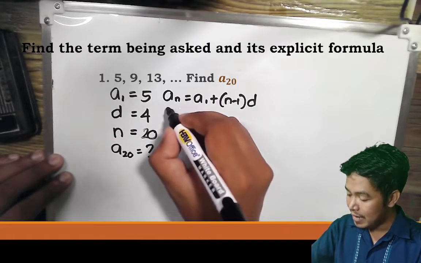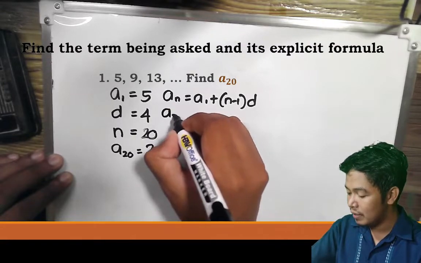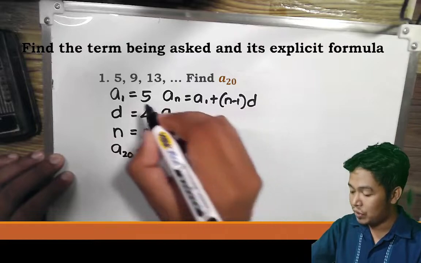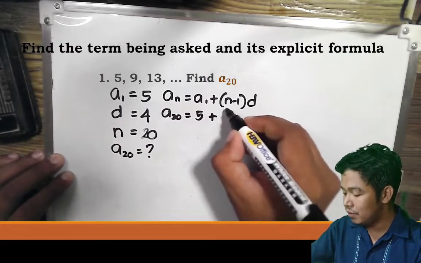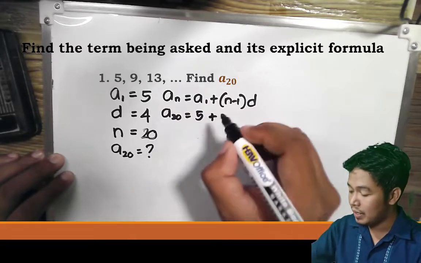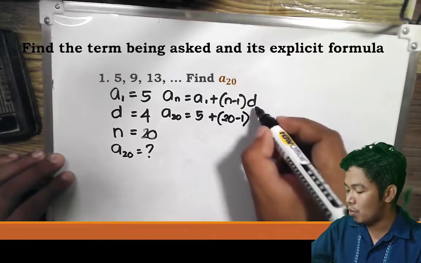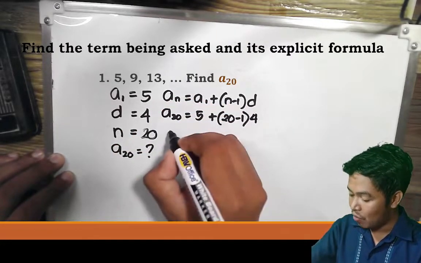Next, the a sub n is our a sub 20, or the last term. Then a sub 1, our first term, is 5, plus the number of terms ay 20, so 20 minus 1, then the common difference ay 4. Okay? Now, let us solve.